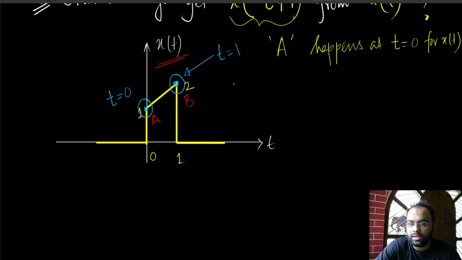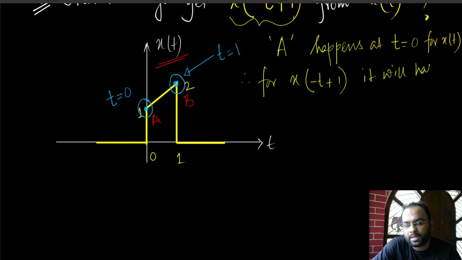Therefore, for x(-t+1), it will happen when -t+1 is equal to 0.